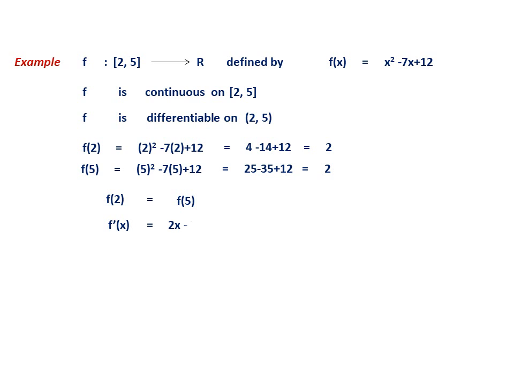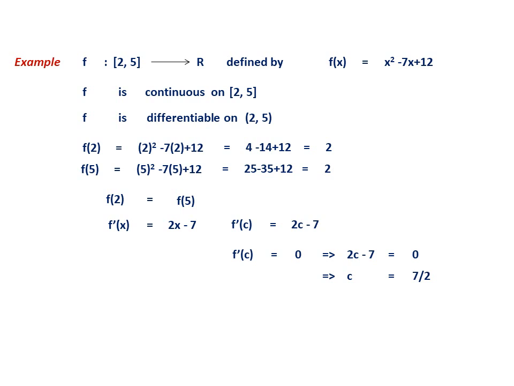Therefore what should happen? Now let us find f dash x. This is 2x minus 7, differentiating x square minus 7x plus 12. This implies f dash c will be 2c minus 7. Now where should this c lie? It should lie between 2 and 5. Let us check. Now f dash c equal to 0 gives 2c minus 7 equal to 0.